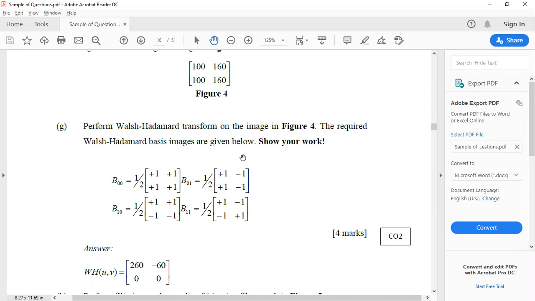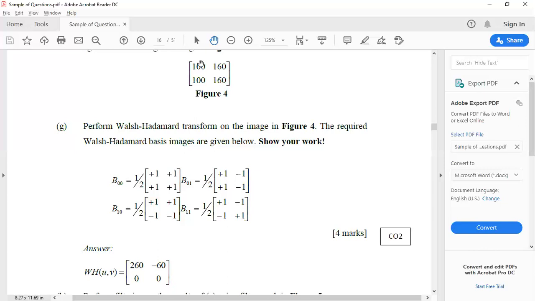Multiply 1, multiply negative 1. So practically is 100 minus 160. So negative 60. And we have 2 of them. So negative 120. And again, we multiply with half. So again, we get negative 60 lah. Sorry. Ini 20, sir. 120. Yeah, 120, negative 120, exactly.